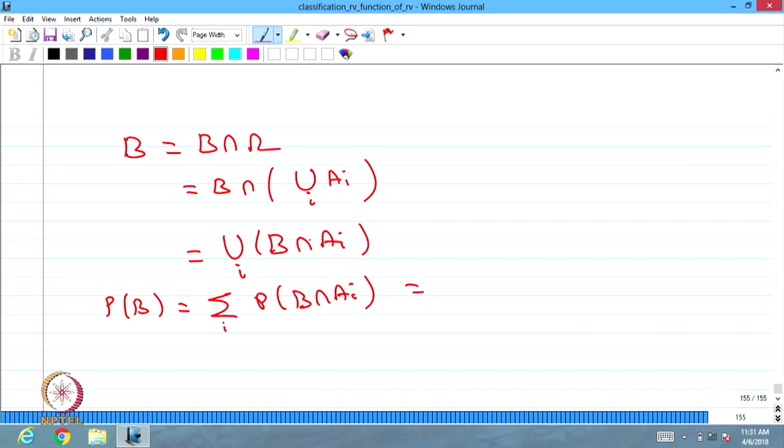You can apply the conditional probability, therefore it is going to be the probability of B given Ai multiplied by the probability of Ai. This is possible when P of Ai is greater than 0. So whenever P of Ai is greater than 0, the probability of B can be computed as the summation over i of P of B given Ai multiplied by the probability of Ai.